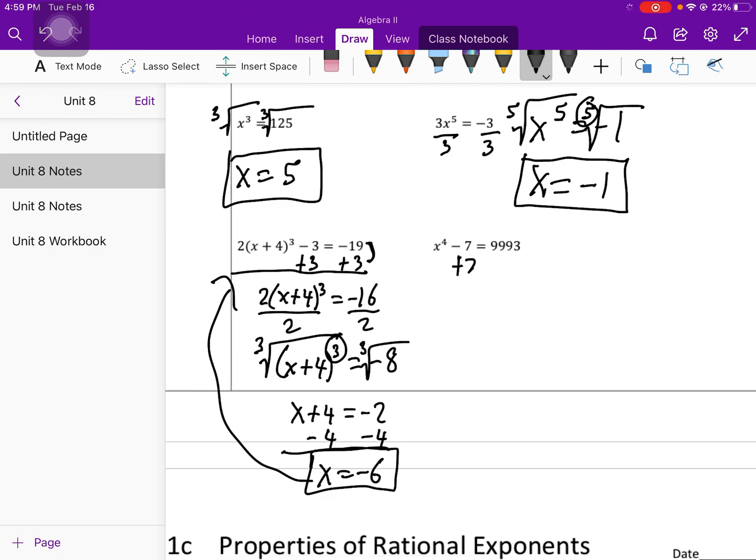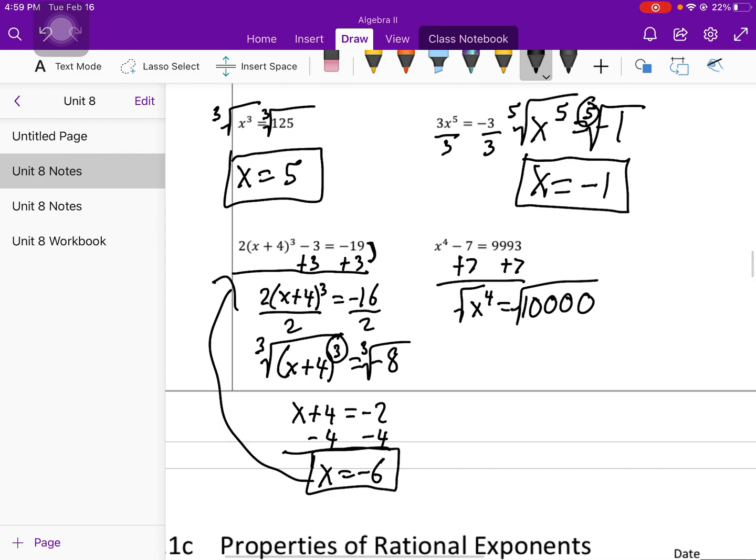Then the last one, we would add 7 to both sides. You would get x to the 4th equals 10,000. When you take the 4th root of this, you end up getting x, because those are going to go away.